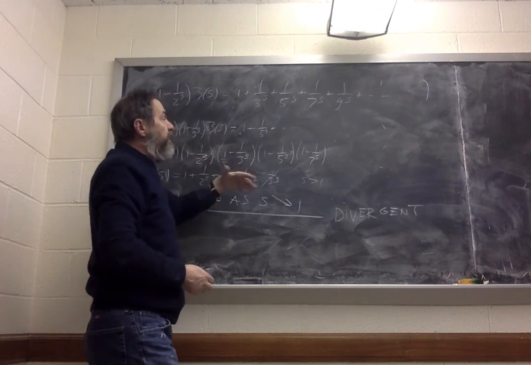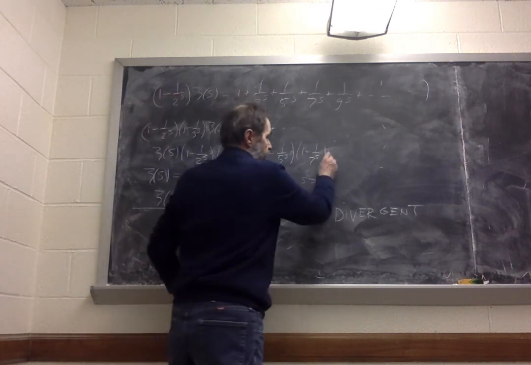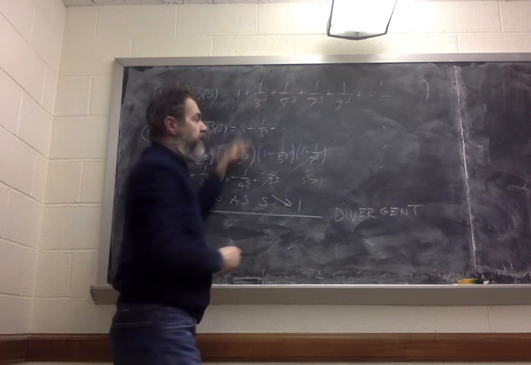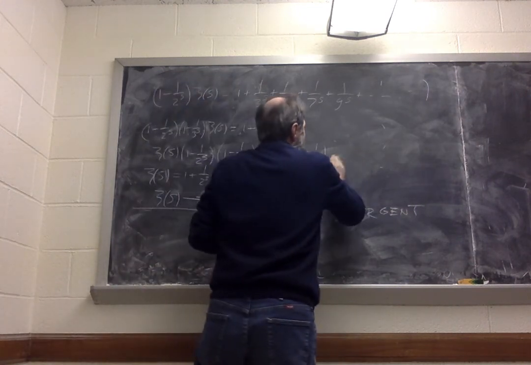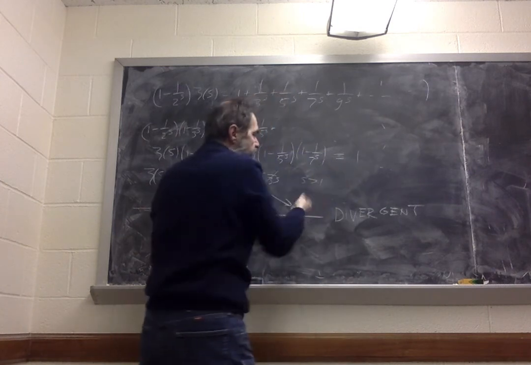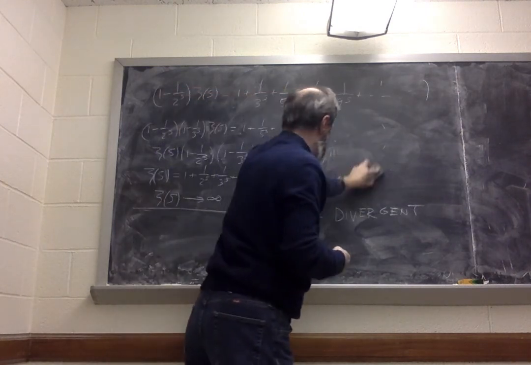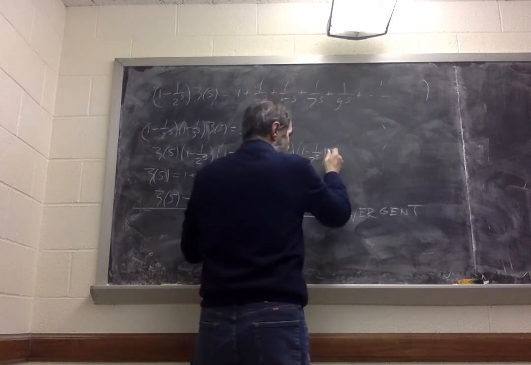So you have to take a limit here in order to remove everything except for this 1. So if I write that this equals 1 right now, it's not correct. I should write it as a limit.